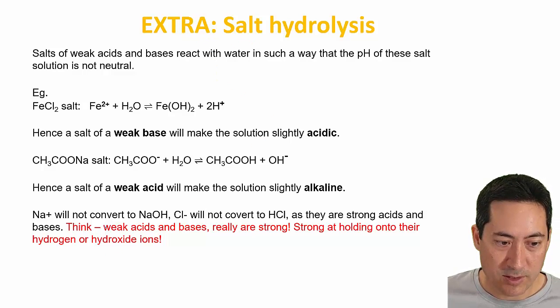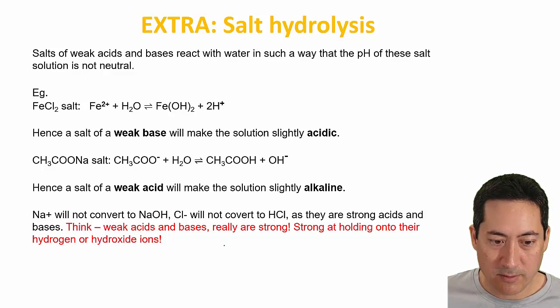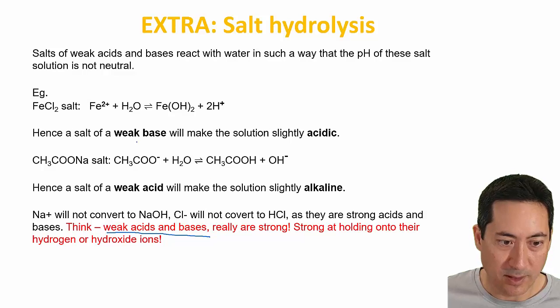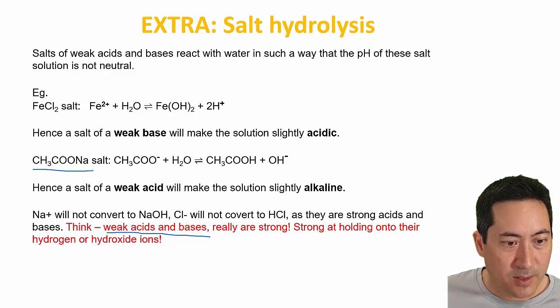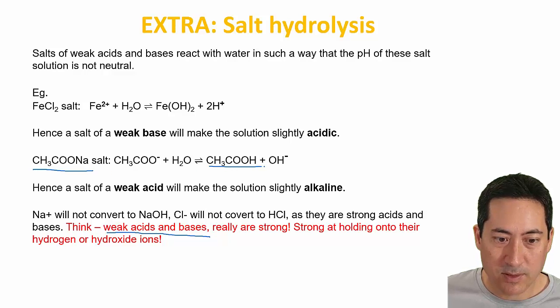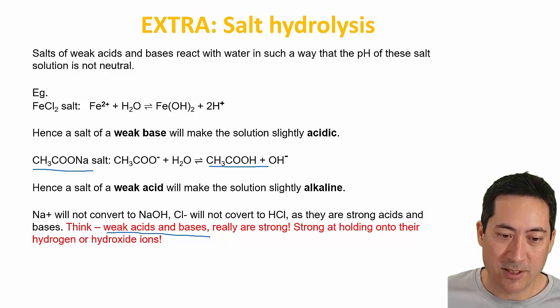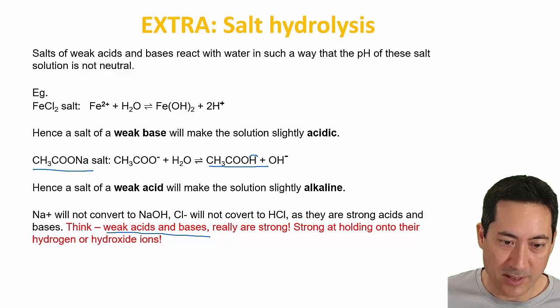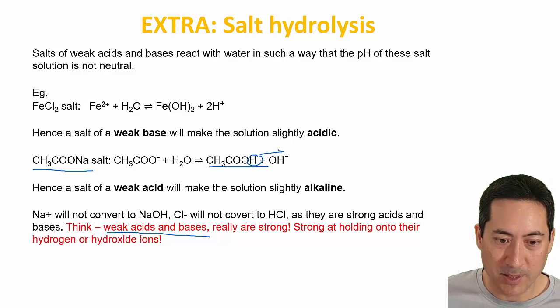Now, I think we should just jump to the bottom here. What you should really recognize with weak acids and bases, and we're looking at, say, for instance, this one here, vinegar, is that these weak acids and bases are actually quite strong in the fact that they hold on to their H pluses and don't want to give them up.